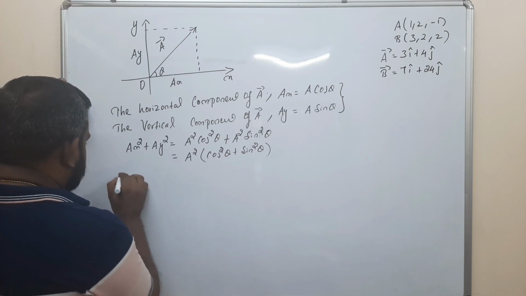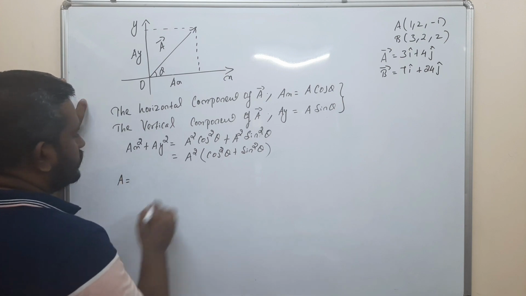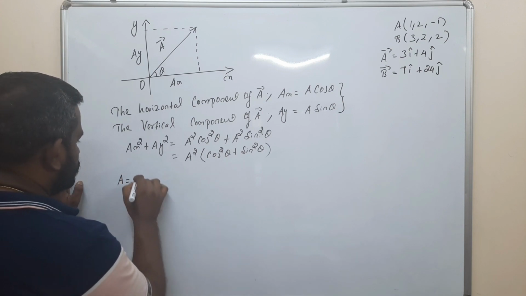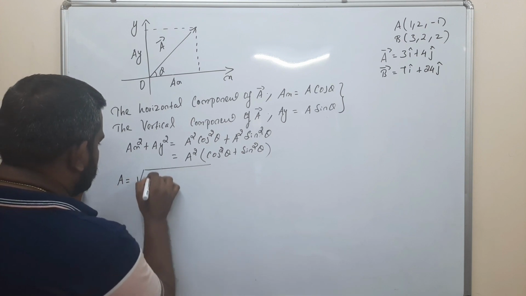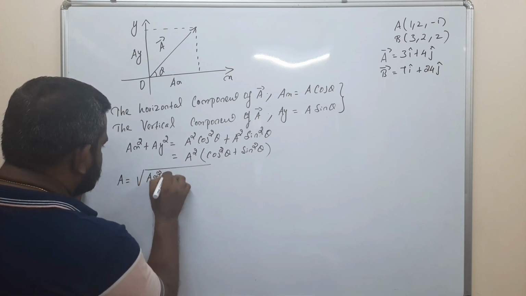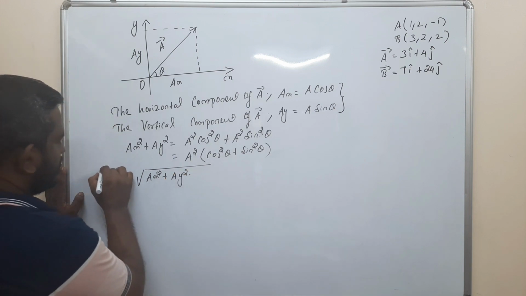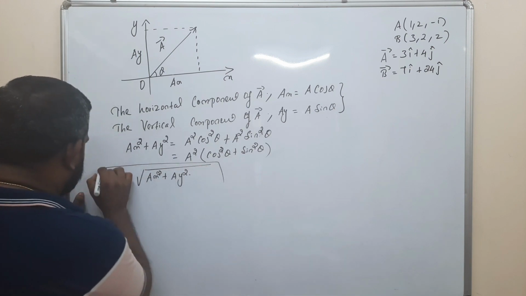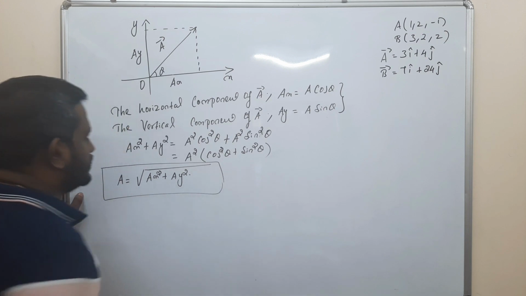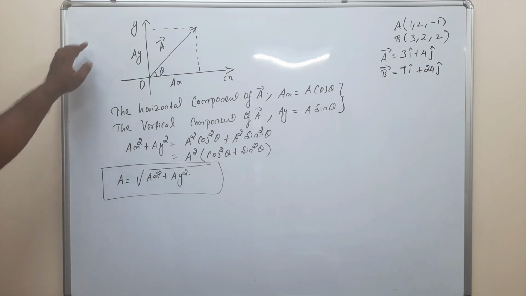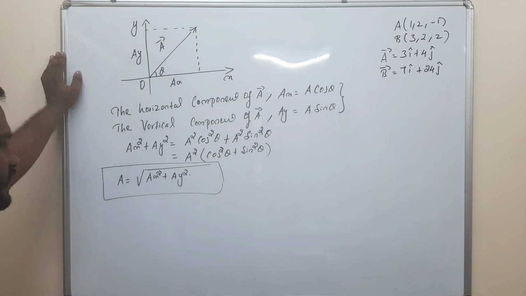So A square equals Ax square plus Ay square, and A is equal to square root of Ax square plus Ay square. This is another formula you have to keep in mind: the magnitude of vector A is equal to root of Ax square plus Ay square.